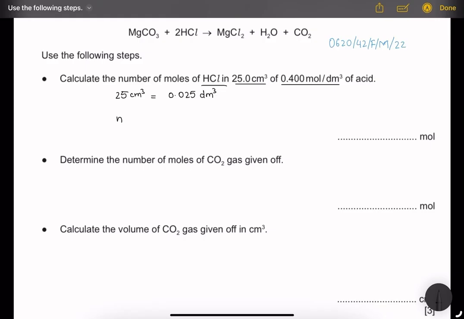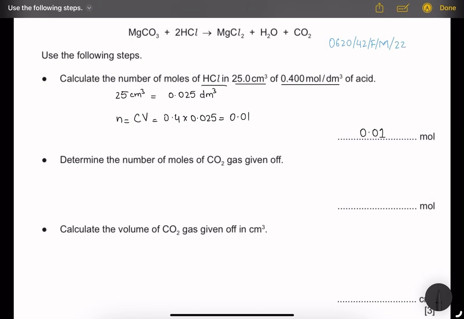And then, like I told you, n is equal to concentration, which is c, times volume, which is v. So concentration is 0.4 times 0.025. We'll get the answer as 0.01 mole.